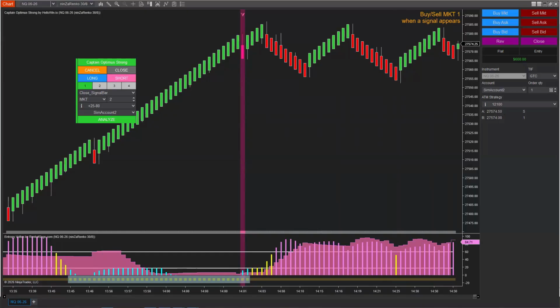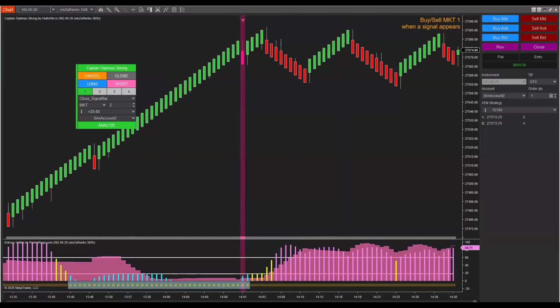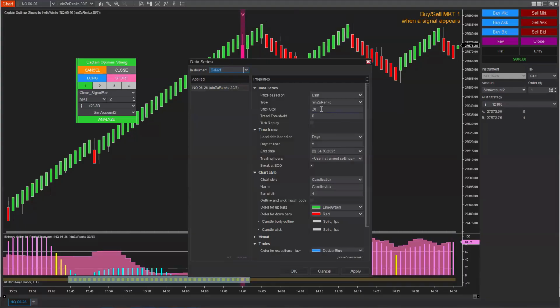Are they going to just chop for the rest of the day? Hmm, okay. Should we try a really small brick size? I mean, I don't know. I feel like I'm cheating, but let's give it a shot. How about, I don't know, 12.4? 12.4, really tiny brick size for the NASDAQ.